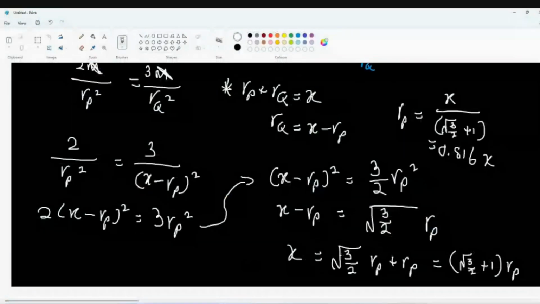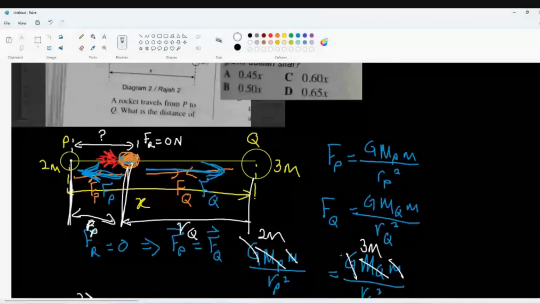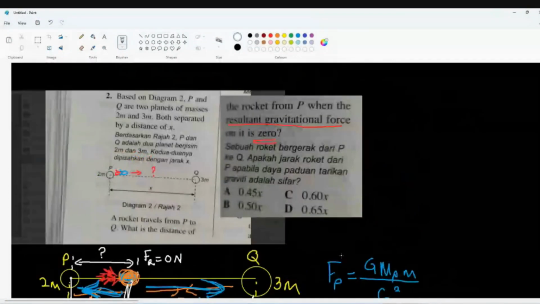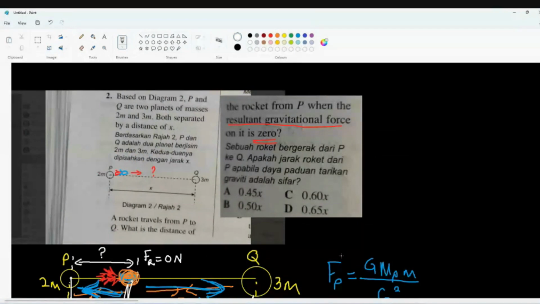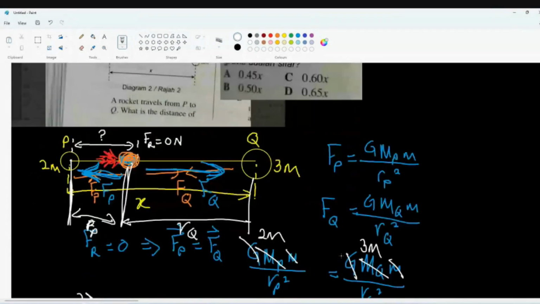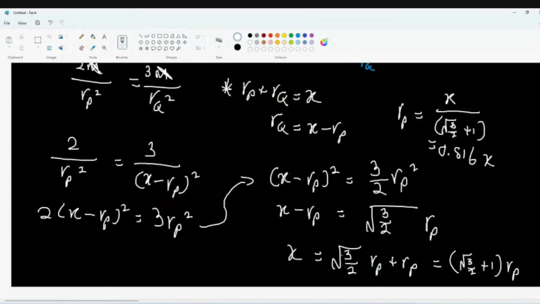Why is there no answer here? 0.816. Maybe the answer option given is wrong. Anyway, this is how we solve it.